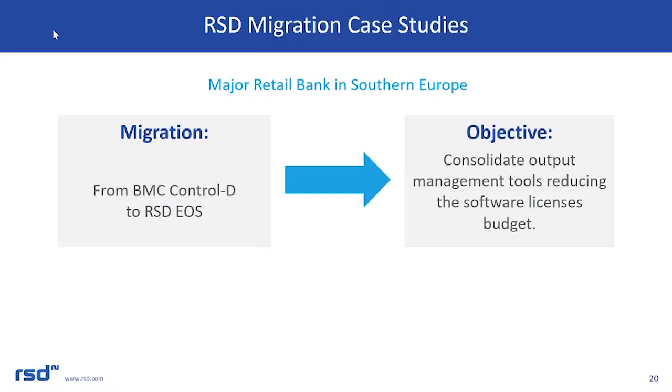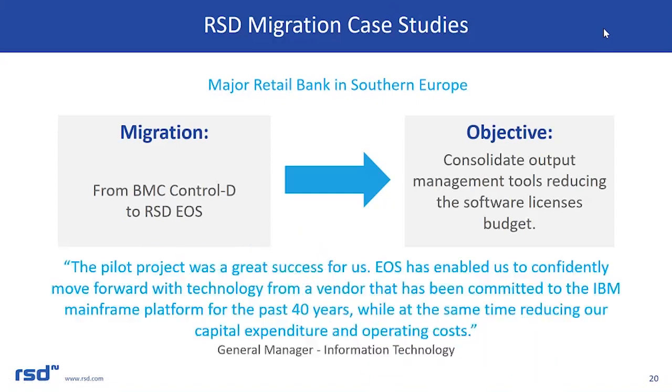Sorry about that, folks. Again, they migrated from BMC Control D to RSD EOS. The objective, fairly similar. Consolidate output management tools, reducing the software licensing, in essence, budget. Again, budget and dollars and cents is what we talk about. Their comment: the pilot project was a great success for us.